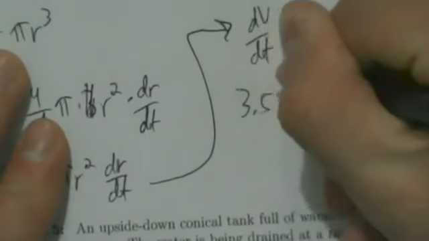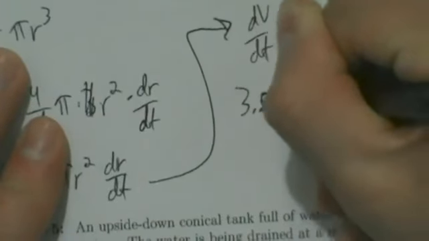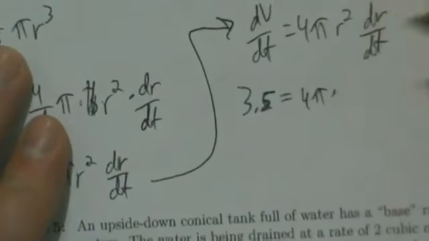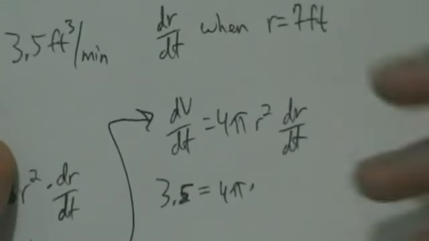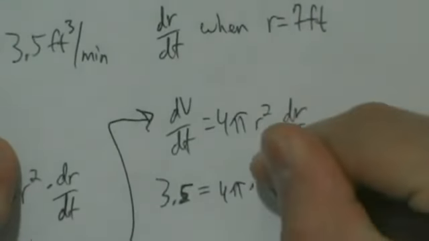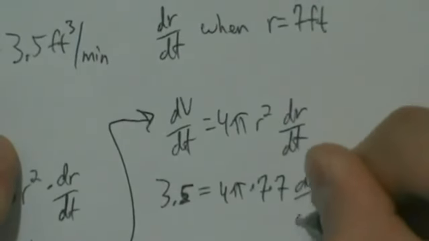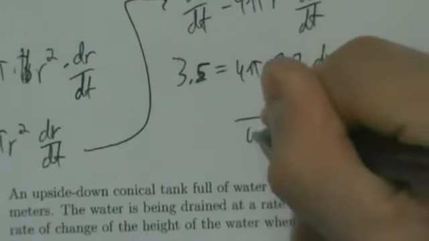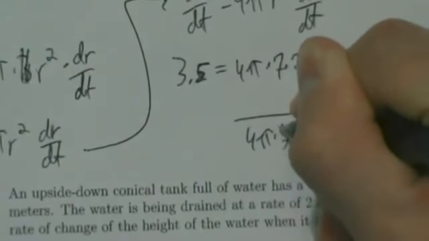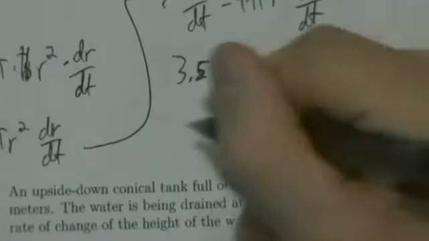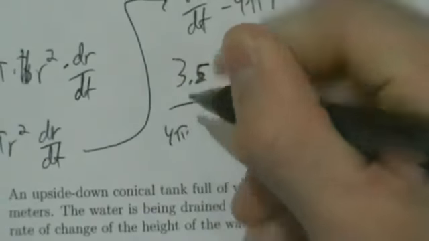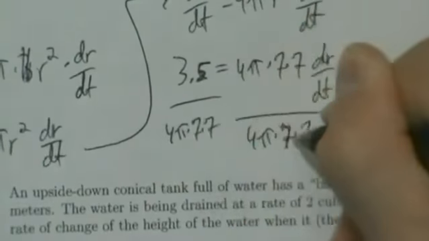So 3.5 equals 4 pi times r squared, where r is 7, so r squared is going to be 7 times 7, or in other words 49, but there's a reason I'm leaving it like that. So then, for dr/dt, we now just divide both sides by 4 pi times 7 times 7. So these cancel, and then dr/dt is left by itself.